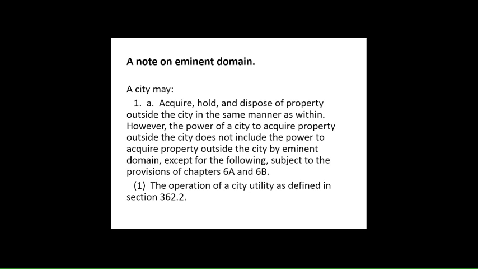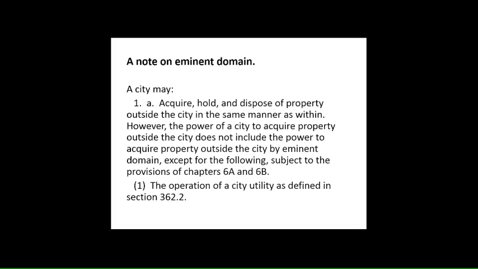So when thinking about what the city council can do, it is helpful, not necessarily determinative, but helpful to think, is this something a city could do to regulate one of its private franchised utilities? If it is, then it's probably something the city council can do to regulate a municipally owned utility.